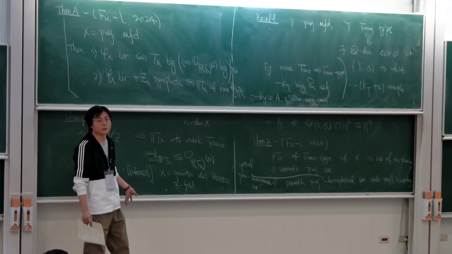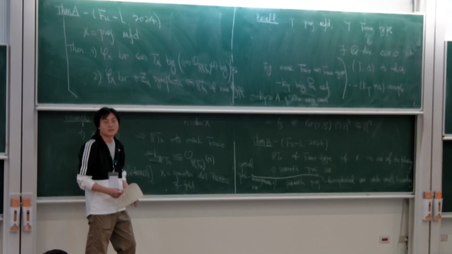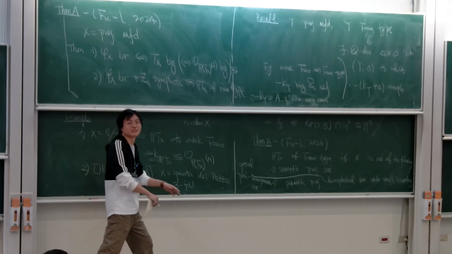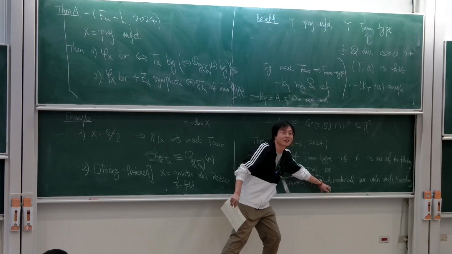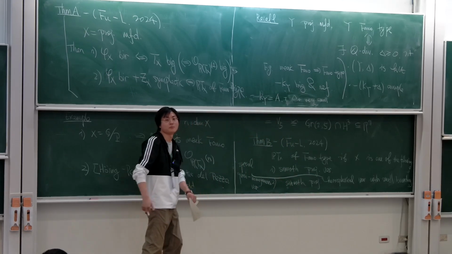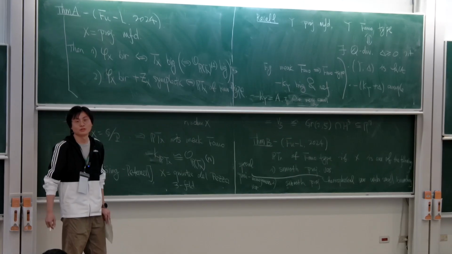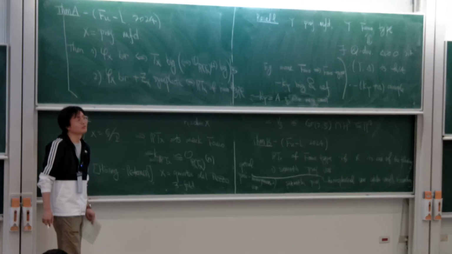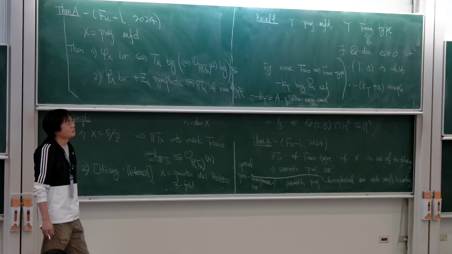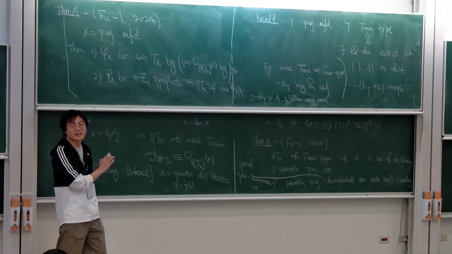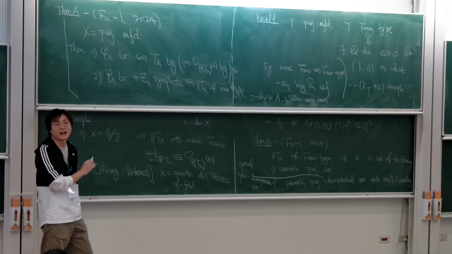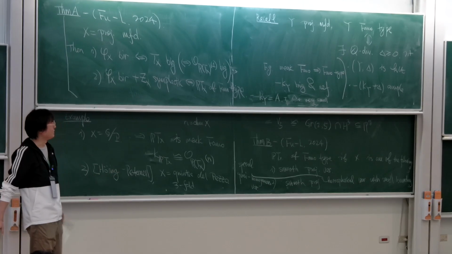I think this is in the definition of horospherical variety. You consider the action of some semisimple linear group. But here I don't need to consider the semisimple part.